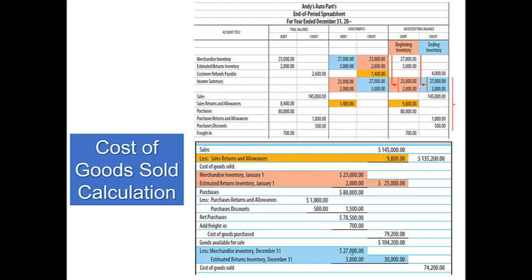So I'll enter the $27,000 and $3,000 and total those at $30,000. So if I had $104,200 to sell, and I've only got $30,000 left, that means my cost of goods sold is $74,200. In other words, this is the cost of the merchandise that I sold to my customers.